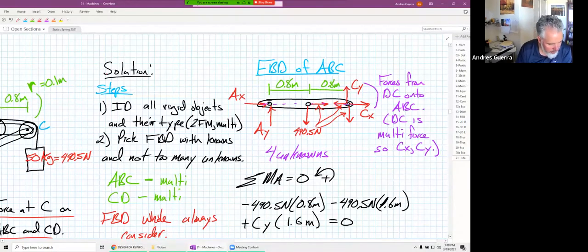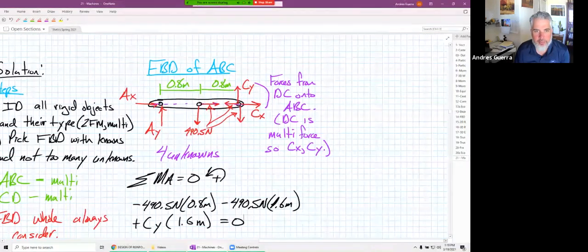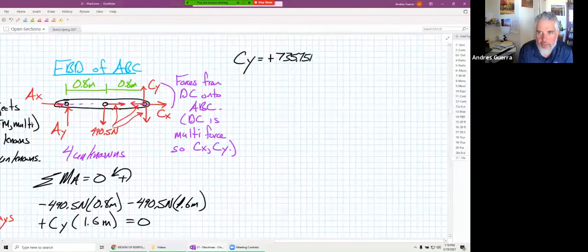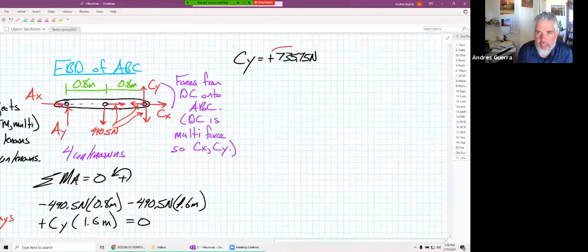And so we are going to find that our CY, the way that I drew the CY there, is actually a positive number. We find CY as positive 735.75 newtons. Since we got a positive number, that tells us it goes in the same direction as we drew it, so same direction as drawn on there.